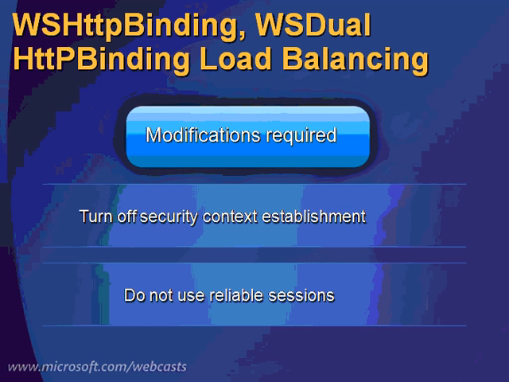So in WS-HTTP binding, there's a couple of modifications that we need to look at when we're not doing the basic, and that is the security context. We can turn that off in the app config and set the establish security context property on the WS-HTTP binding to false.